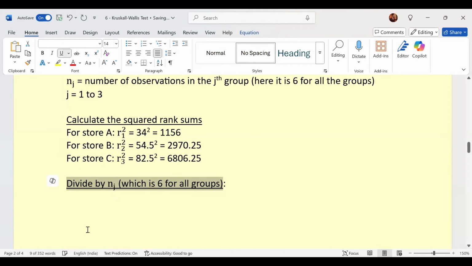That is the next step, which means, let me copy this.